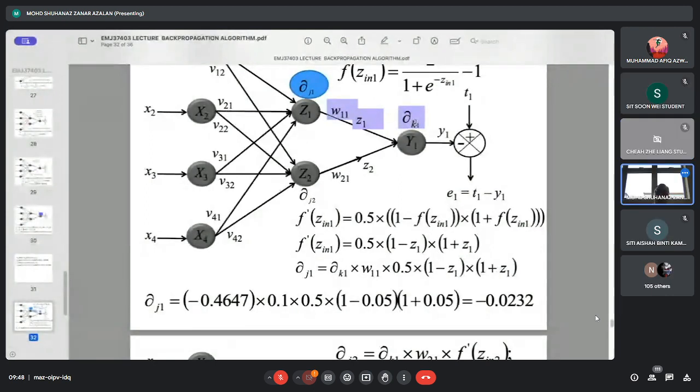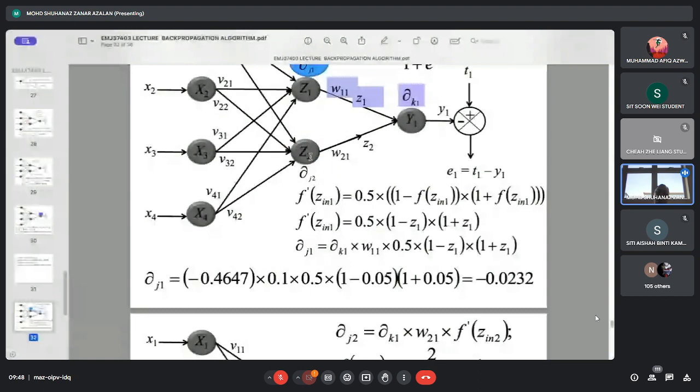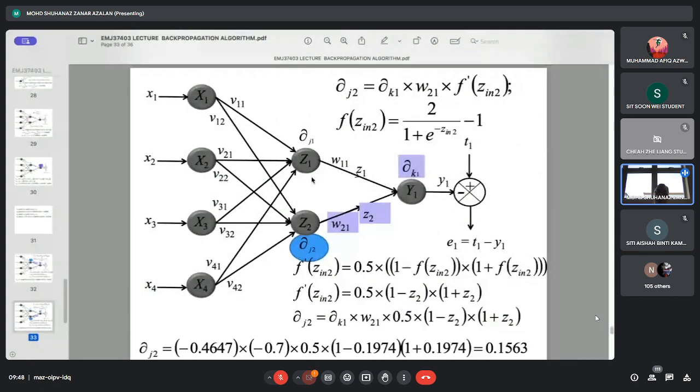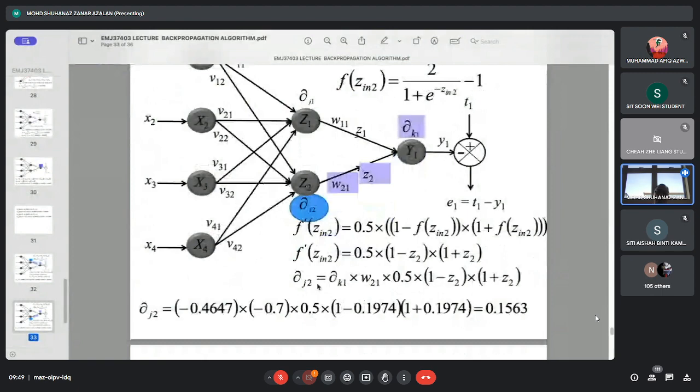For delta J1, you need all the values calculated before it, including the new W11 value. Without these values, we cannot calculate delta J1. Same also for delta J2: we need the value of delta K1, Z2, and the newly updated W21, then we can have the value of delta J2.